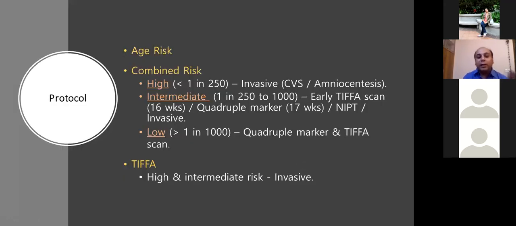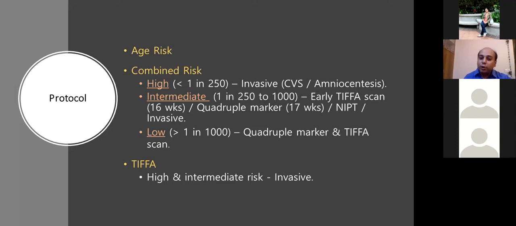Now that age risk and combined risk we have calculated, we can stratify it into high, intermediate, and low risk. Intermediate risk is 1 in 250 to 1 in 1000. High risk is above it, and low risk is below it. We all know this. So when the risk is high, we straight away go for invasive tests, which include CVS or amniocentesis.